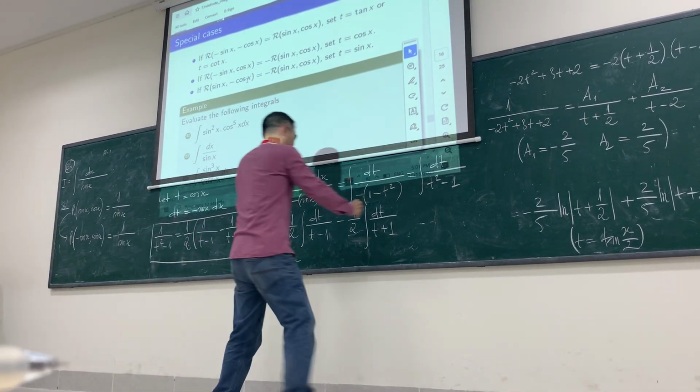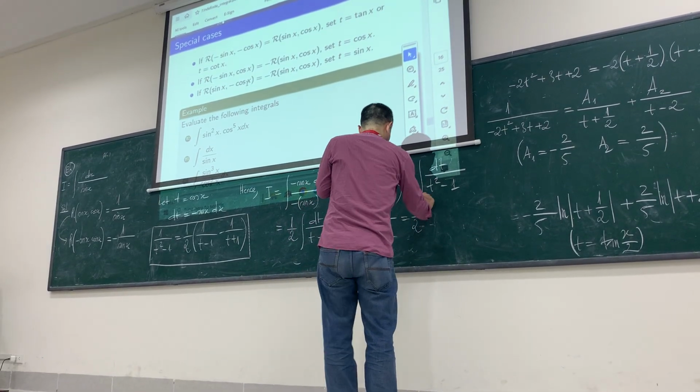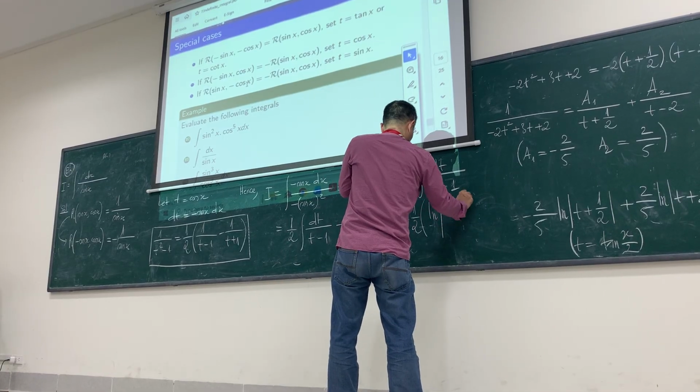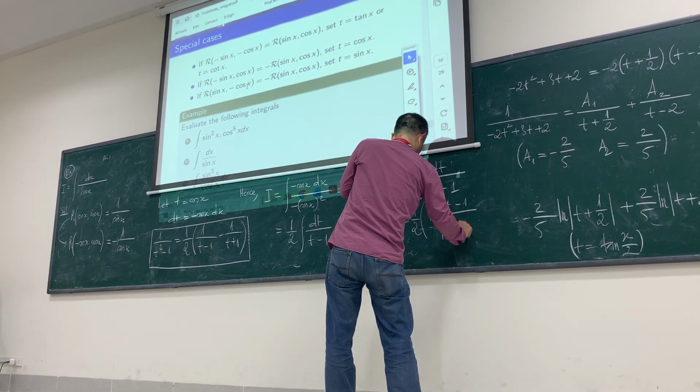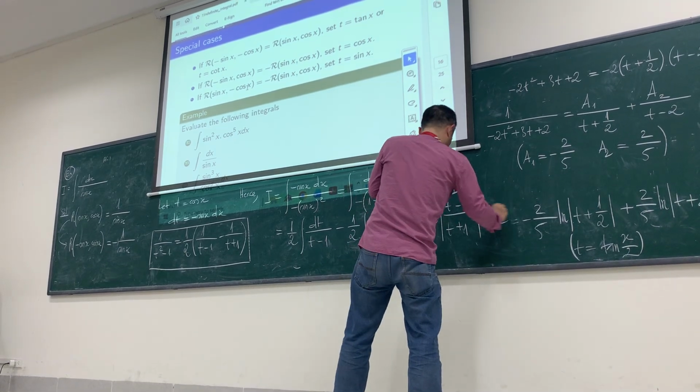Okay, from here we can estimate: t equals 1 over 2 natural log absolute value of t minus 1 over t plus 1, plus c.